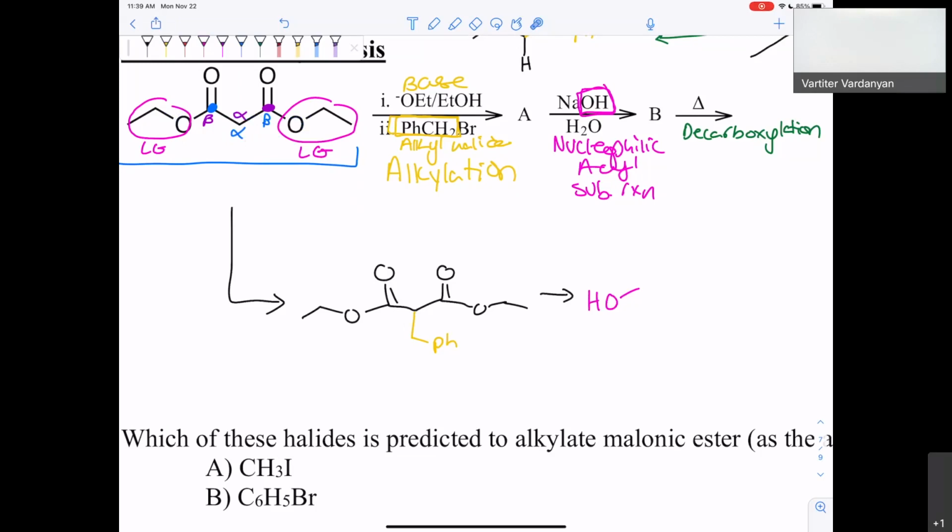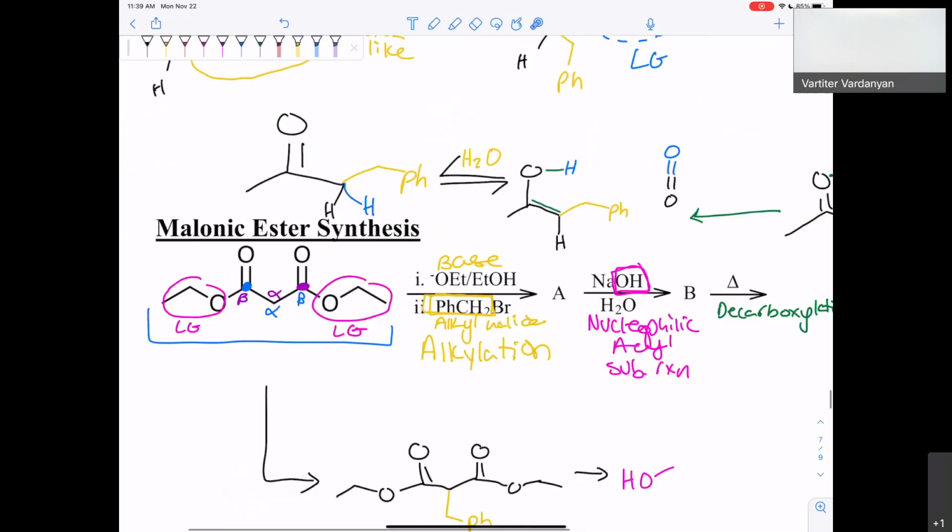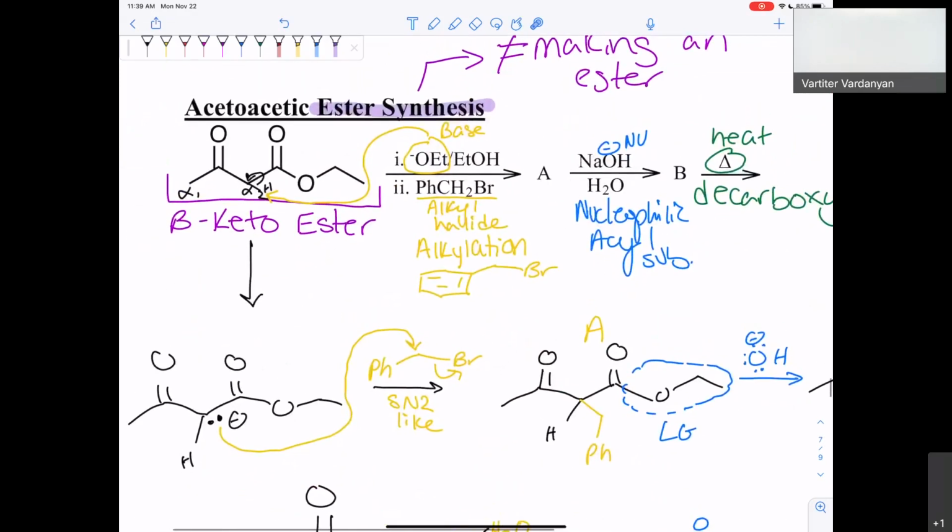So remember, anytime we have a reaction from chapter 18, unless it's LDA, it's always going to the most substituted side. For this one, no, because on the left side, we have 3 hydrogens. On the right side, we only have 2 hydrogens.